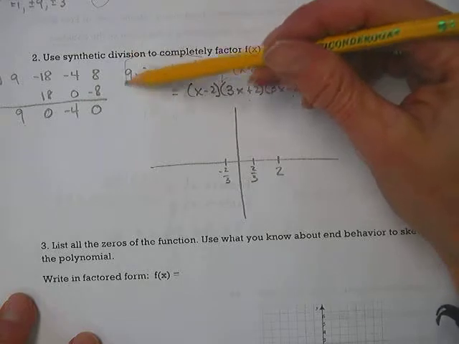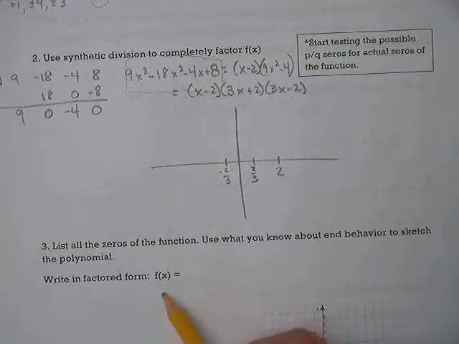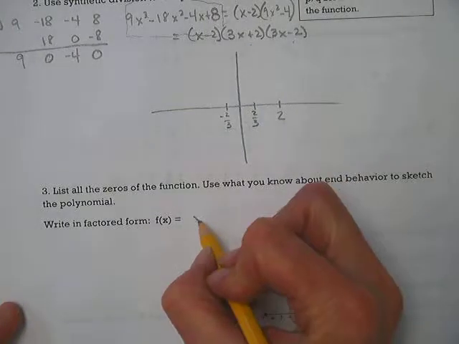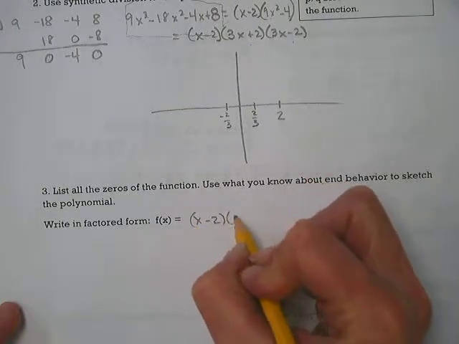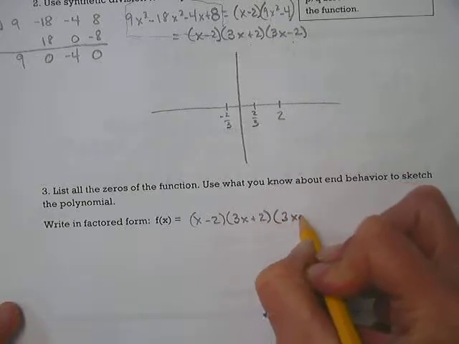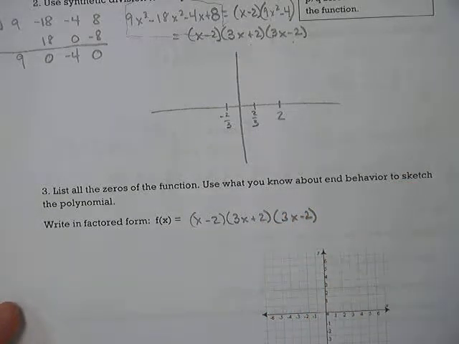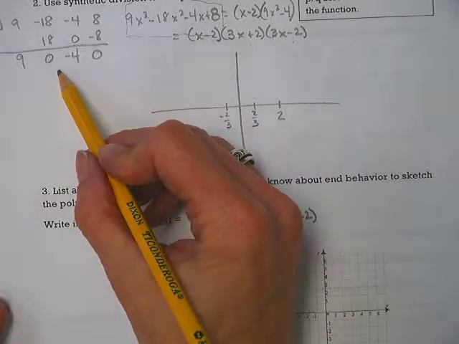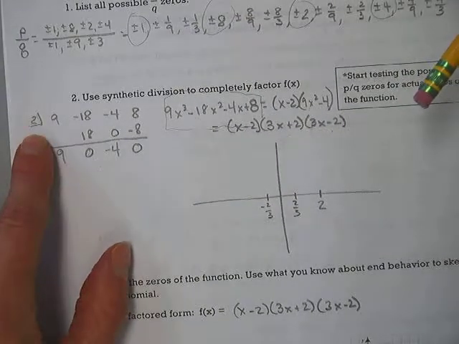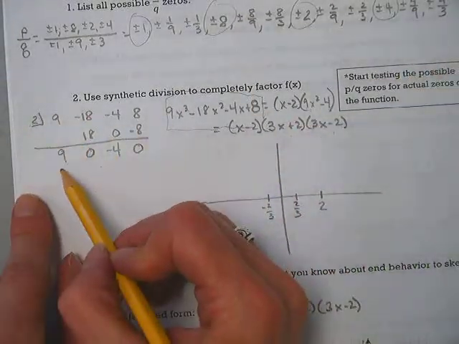Negative 2/3. And what's this 0? Yep, it's a positive 2/3. And end behavior: what is this function, odd or even? Well, let's go down here and write it in factored form. I'm probably getting ahead of myself.